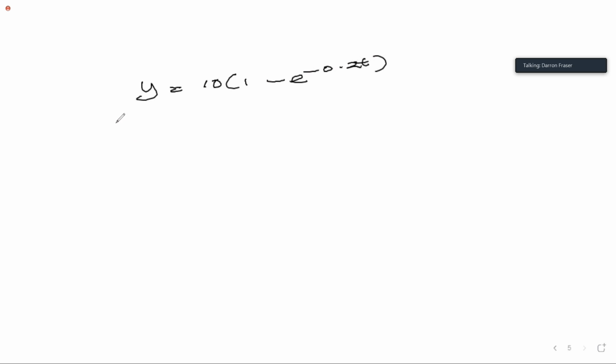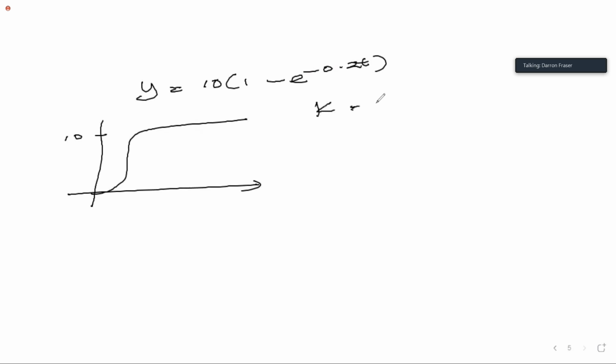And so we say that the final value is 10, and we want to find out now the time constant. So 63% of 10 would be 6.3, and we want to find what t makes y equal 6.3.